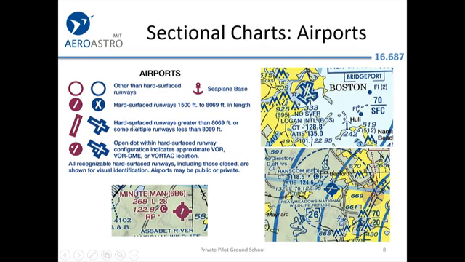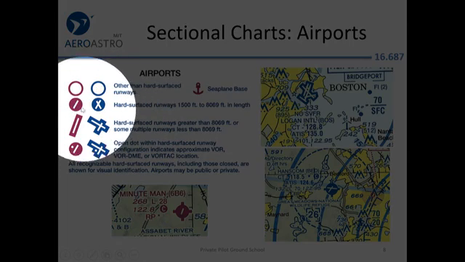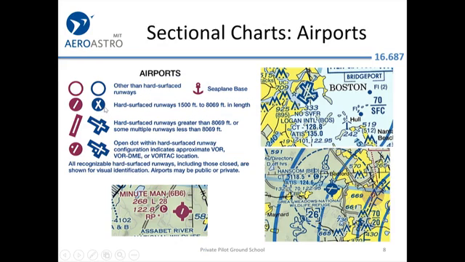It tells you exactly what that information is. Smaller airports with shorter runways have these circles with lines, and the lines are generally trying to depict the runway. The line here will generally be aligned with the direction of the runway. And when there are two lines, that generally represents two runways.